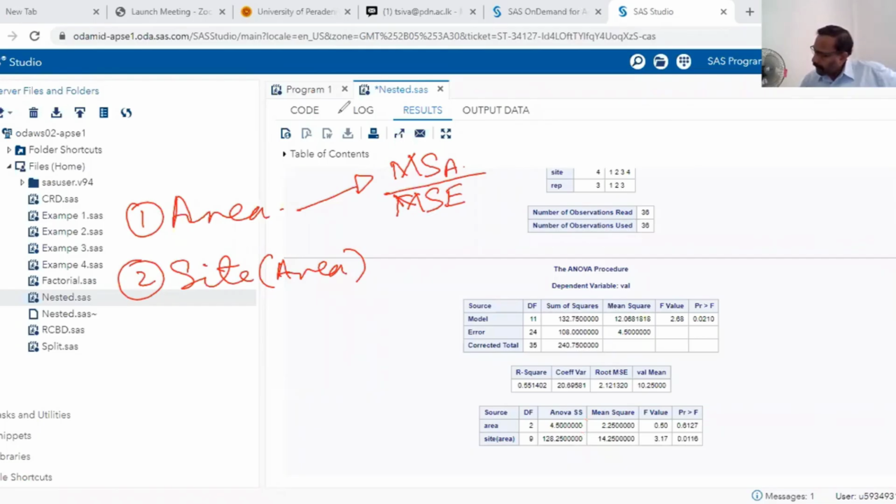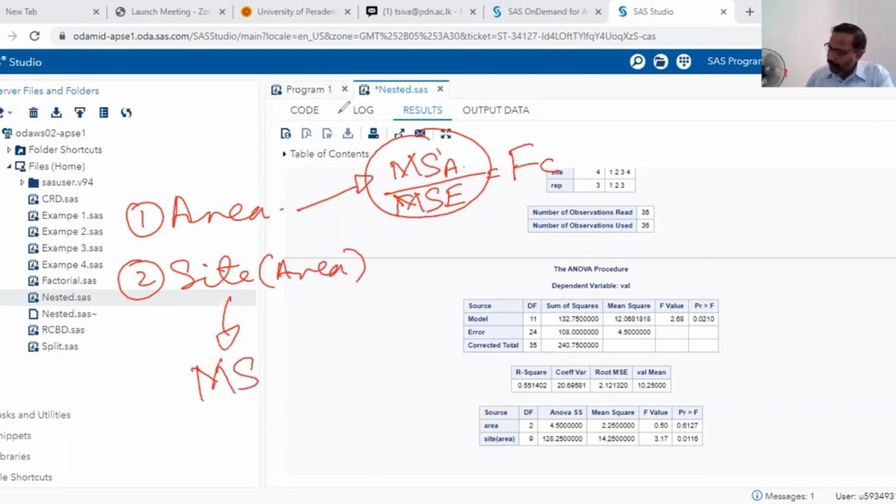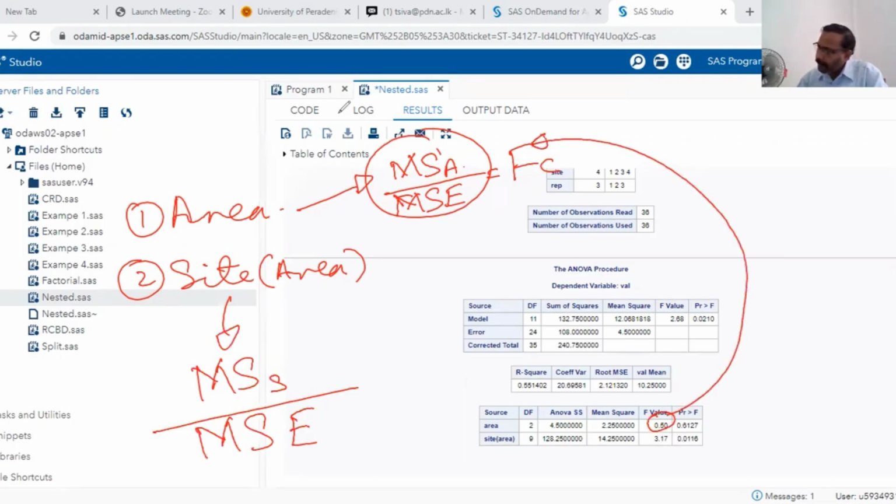What normally we say, we will come to that, the correction later on. So this is the normal procedure to calculate the F value. To calculate the F value for the site, mean square of site divided by mean square of error. So that is what the computer has already done. So this value is actually this value.